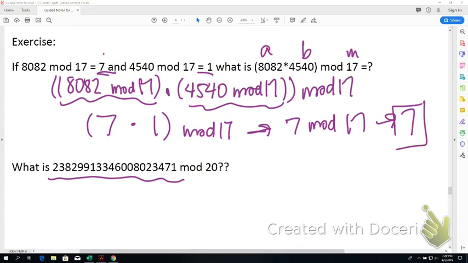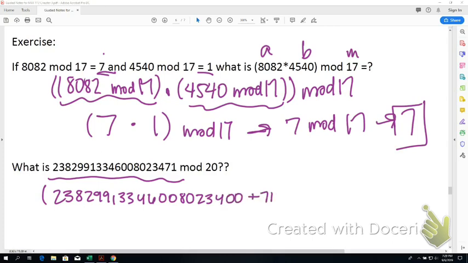Okay, so I'm going to rewrite this as that long number ending in 00, plus 71, in parentheses, mod 20.